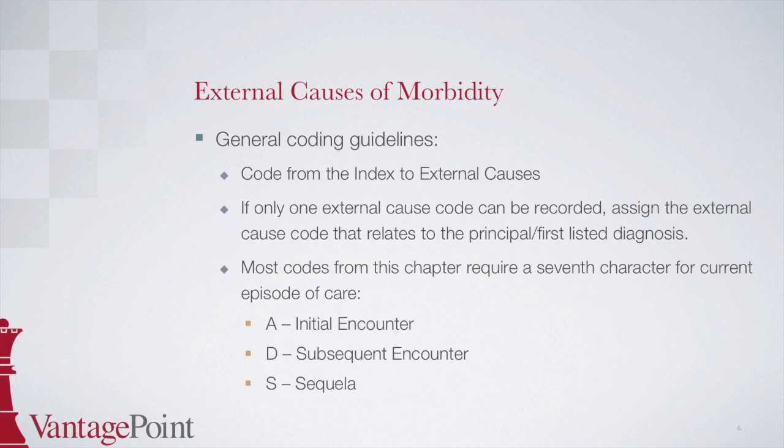Just to get a little silly, if a patient is seen for an elbow fracture after walking into a lamppost and is now in the healing phase, and the fracture is healing well, your first code is for the elbow fracture with the 7th character of D for subsequent encounter for closed fracture with routine healing. And your second code would be walked into a lamppost with a 7th character of D for subsequent encounter.